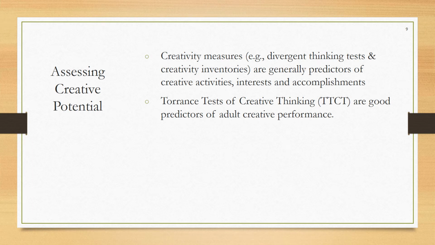If you can find measures that assess predictors of creative activity, like divergent thinking tests and creative inventories, you can generally have some measure of how creative a child is. Paul Torrance came up with a test called the Torrance Test of Creative Thinking, TTCT for short. This is a good predictor of adult creative performance.